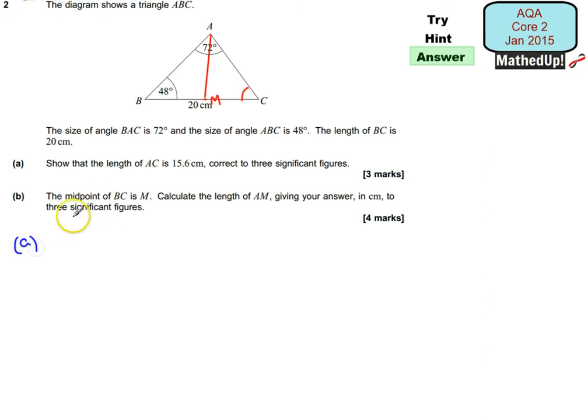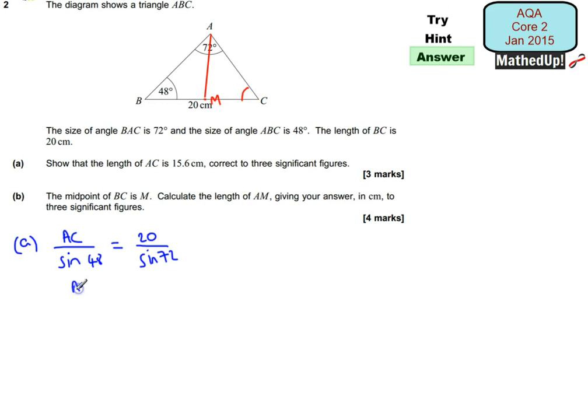Okay, so for part A, I know that now my unknown here is my length, so that's going to be the numerator of my equation. So the length AC divided by sine 48 is going to be equal to the length 20 divided by sine 72.